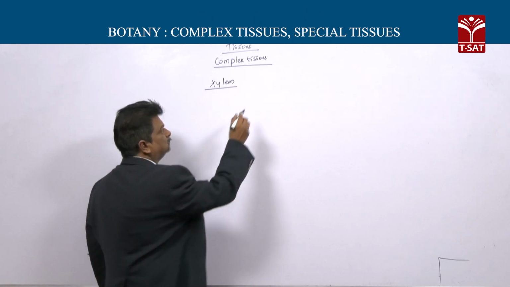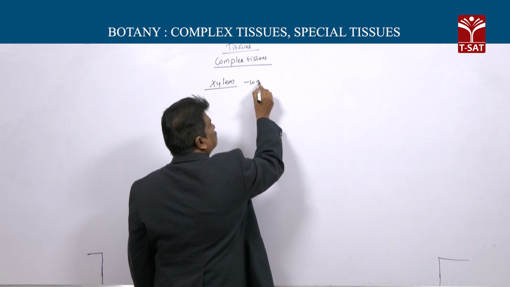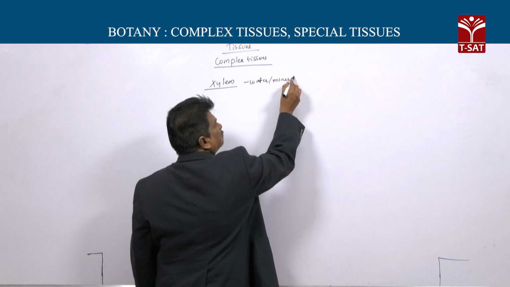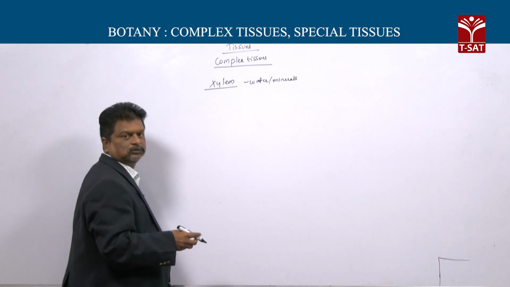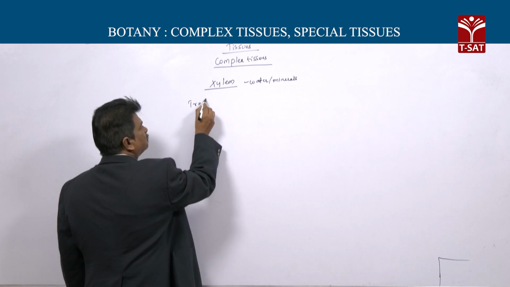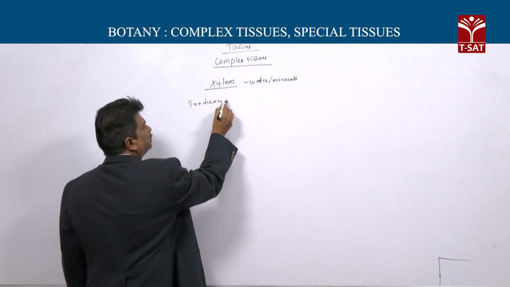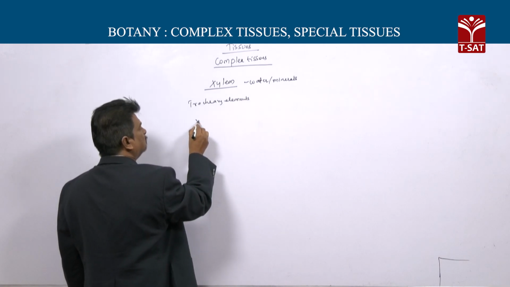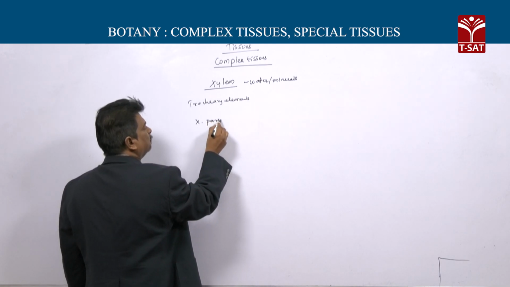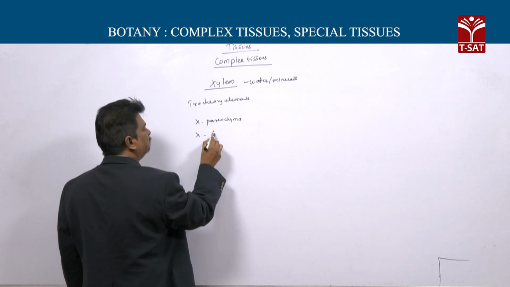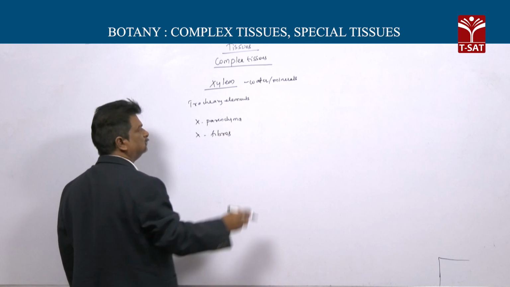Xylem helps in conduction of water and minerals. Now, parts of xylem. Xylem shows tracheary elements, then xylem parenchyma and xylem fibers.